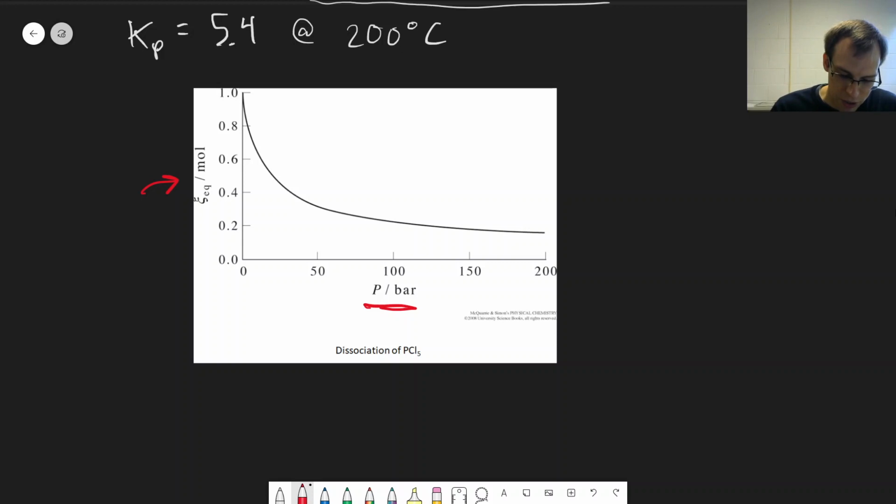At very low pressures, at 0 bar, the reaction goes to completion, so we have Xi equal to 1. At the theoretical 0 bar value, where there's no pressure, the reaction will completely favor dissociation into the products. So up here, PCl5 completely dissociates.